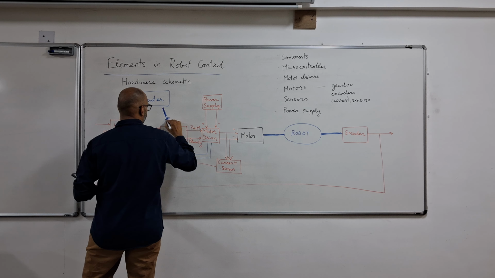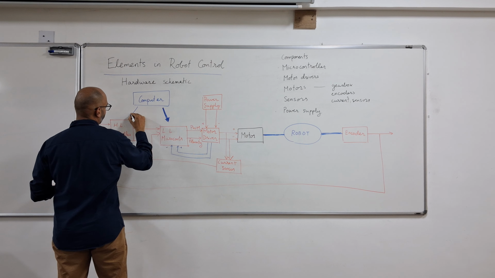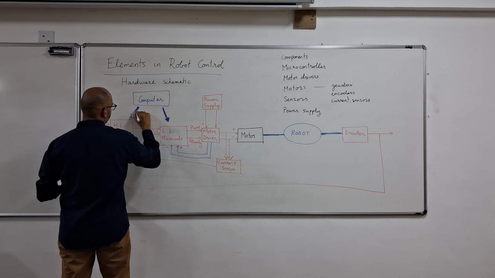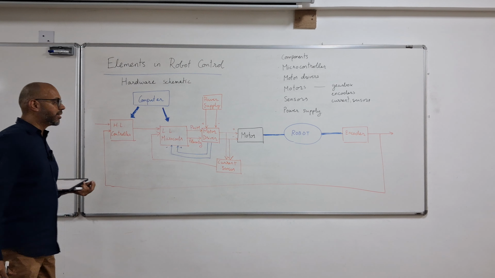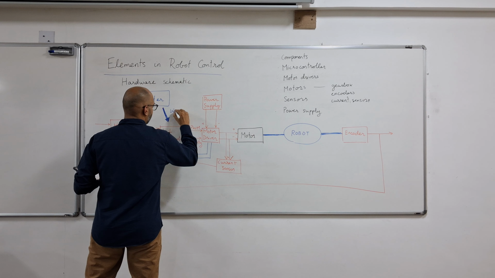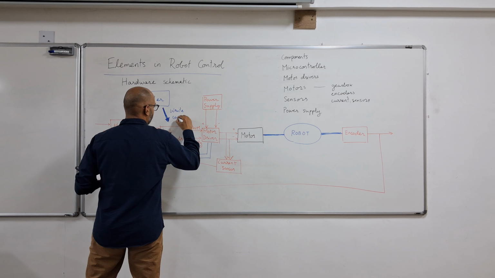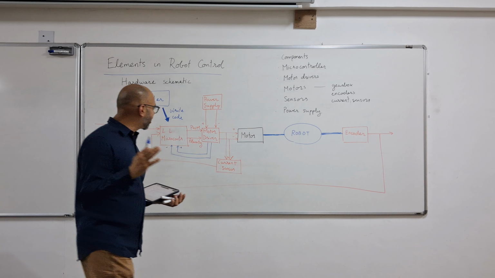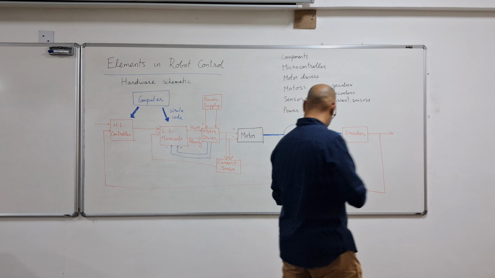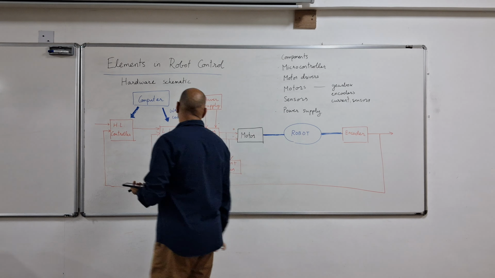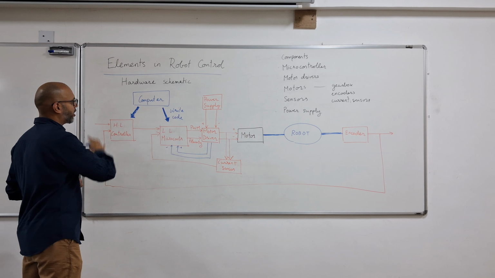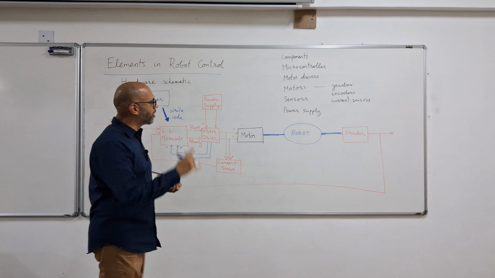And the reason I'm showing them as different arrows that are not connected to the blocks is because this need not be connected all the time, right? So you are writing code and then uploading the code on the controllers, and once that is done, you can disconnect the computer and the rest of the robot can still work. I think this gives a reasonable idea of the key elements in the hardware setup of a robot and how they work together to control the robot.